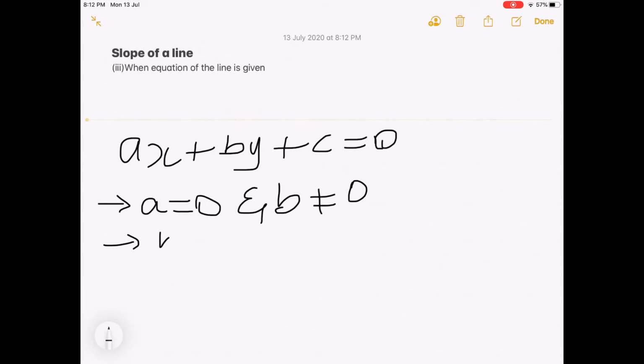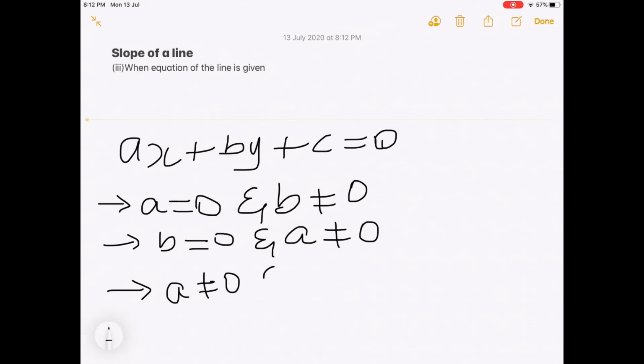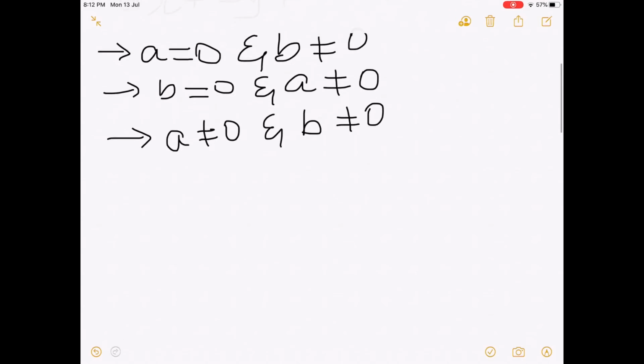The second one is b is equal to 0 and a is not equal to 0. And the third one is a is not equal to 0 and b is not equal to 0. Right? So now let's see what case 1 is.